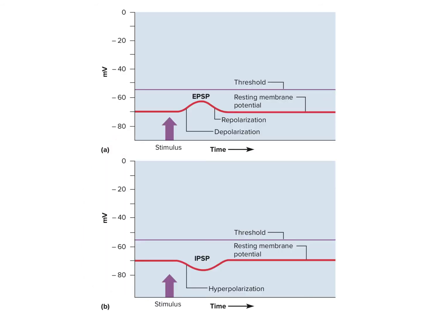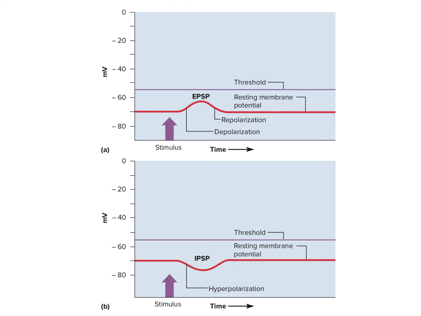And you can see here that we can have excitatory postsynaptic potential, which is what happens in the postsynaptic cell because it drives it closer to the threshold, or inhibitory postsynaptic potential that drives it further away from the threshold. And that's why we say that a neuron can either be excited or stimulated by another neuron, or inhibited, okay?